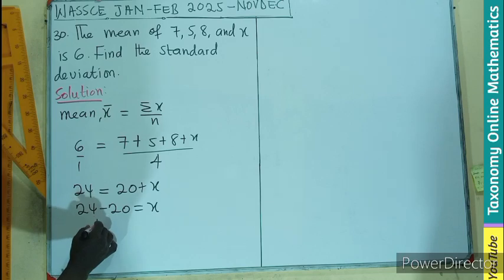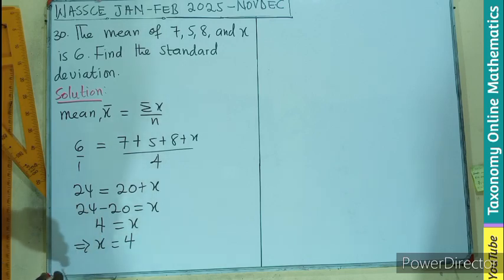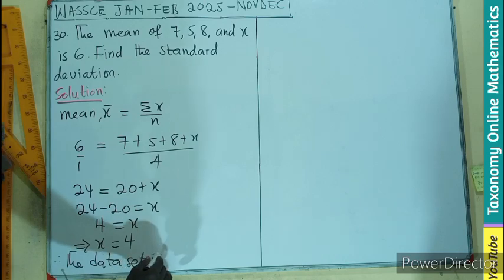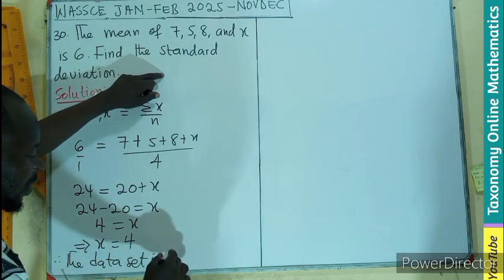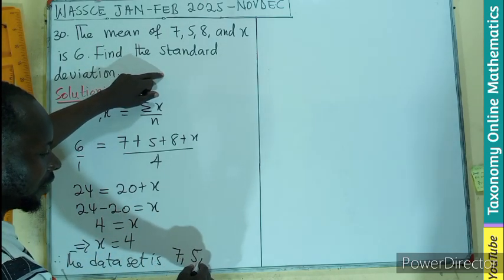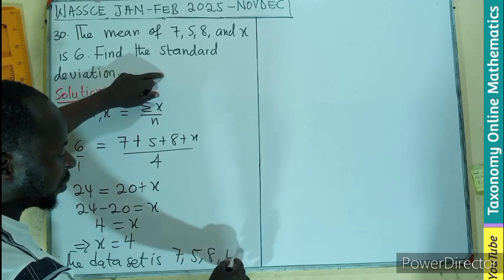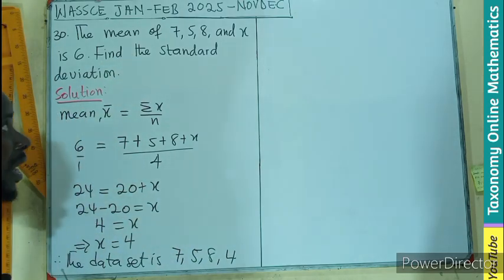That simply means that 4 equals x, or x equals 4. So therefore, the data set is just 7, 5, 8, and 4, not in any order.